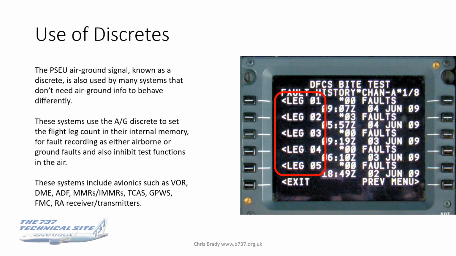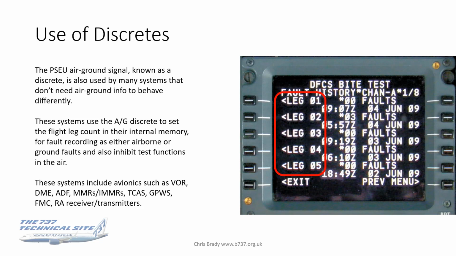Another thing perhaps to mention is the use of discrete. So an air-ground signal known as a discrete, so it's not a relay, it's not flicking a switch or switching something on and off. It's just reporting whether it's air or ground. That's what's known as a discrete. It's used by many systems that don't need air-ground information to behave differently, as all the ones on the previous slide did.